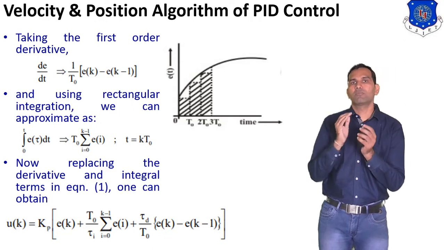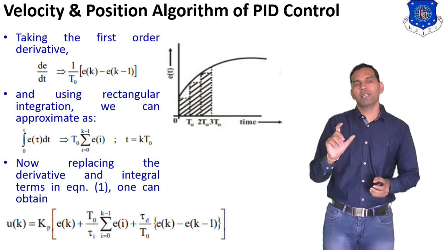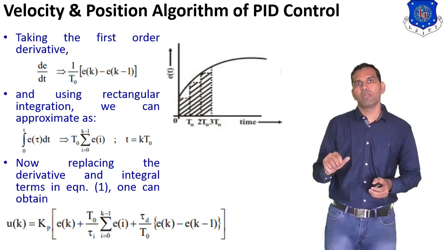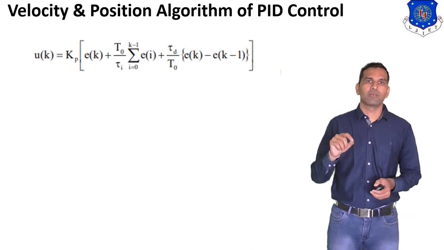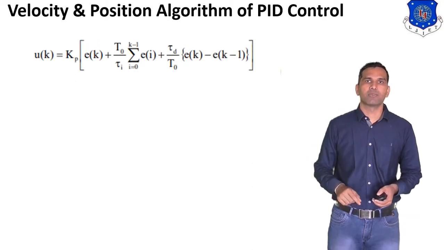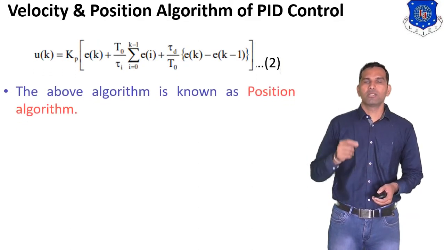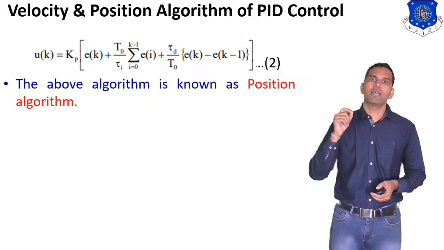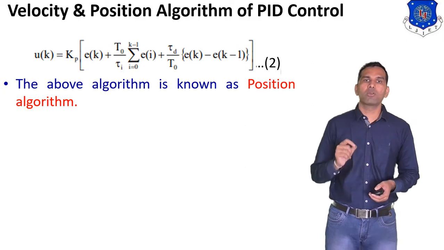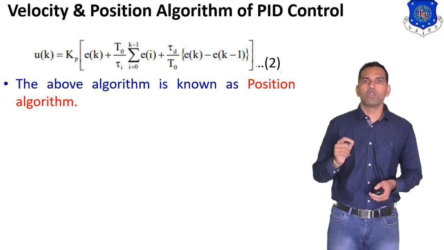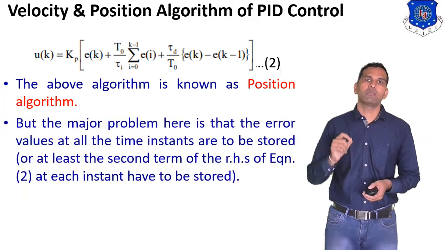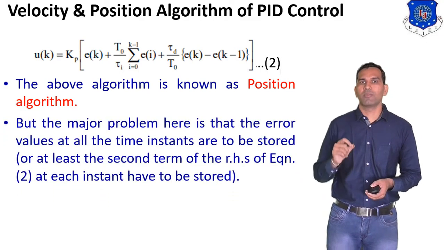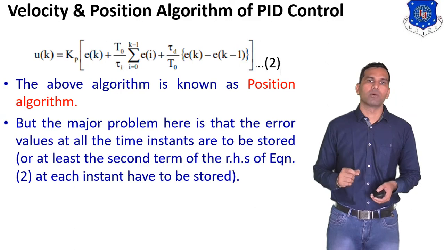So we just replaced the derivative and integration terms in the last equation, and we get this equation. Now this is our equation, and we call it equation number 2. The above algorithm is known as the position algorithm. That means this equation represents the position algorithm.